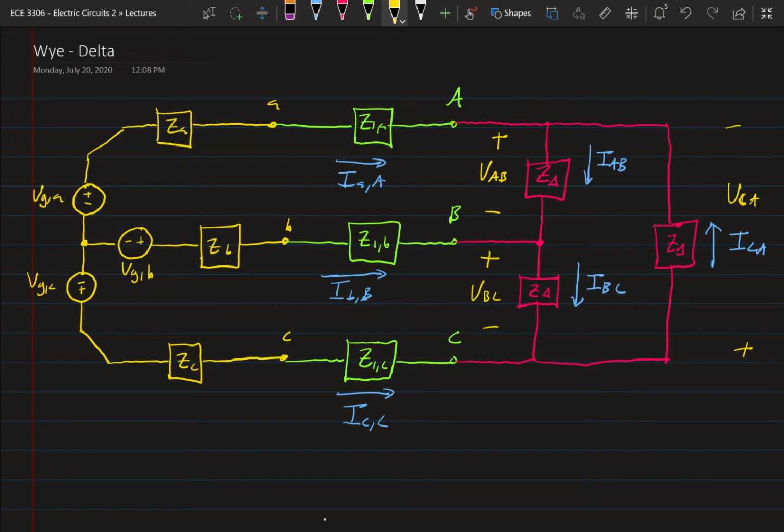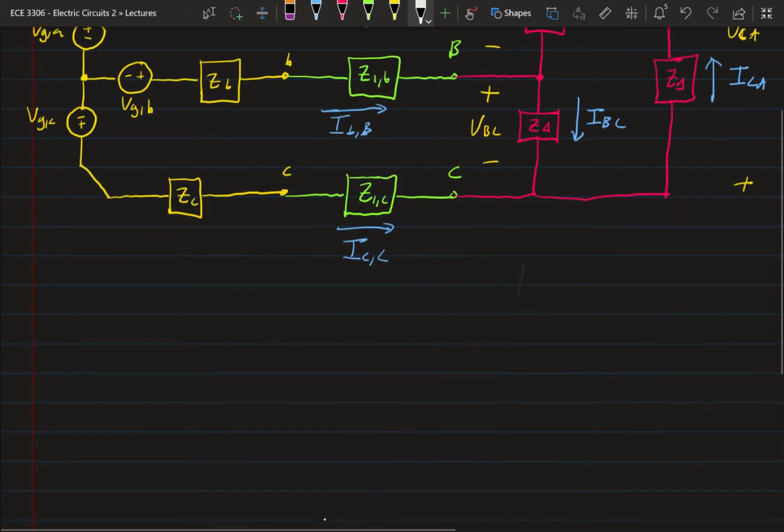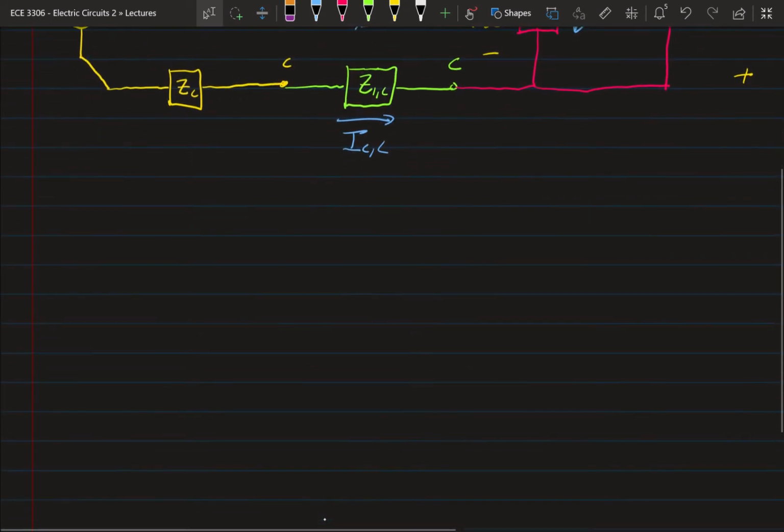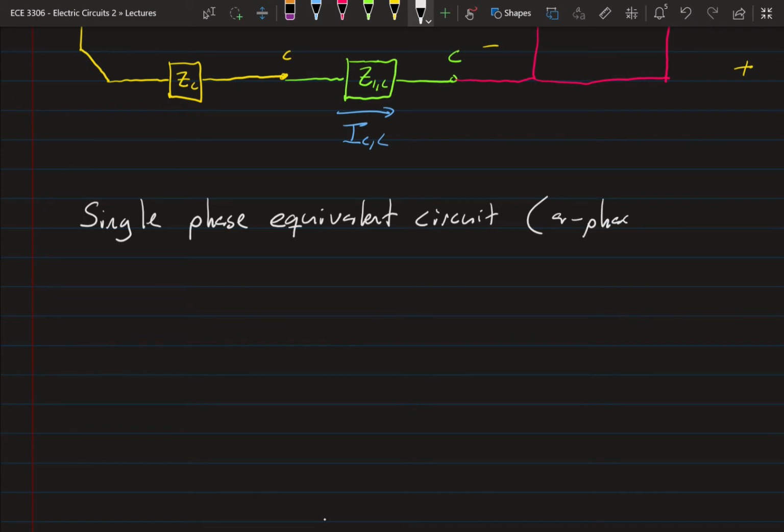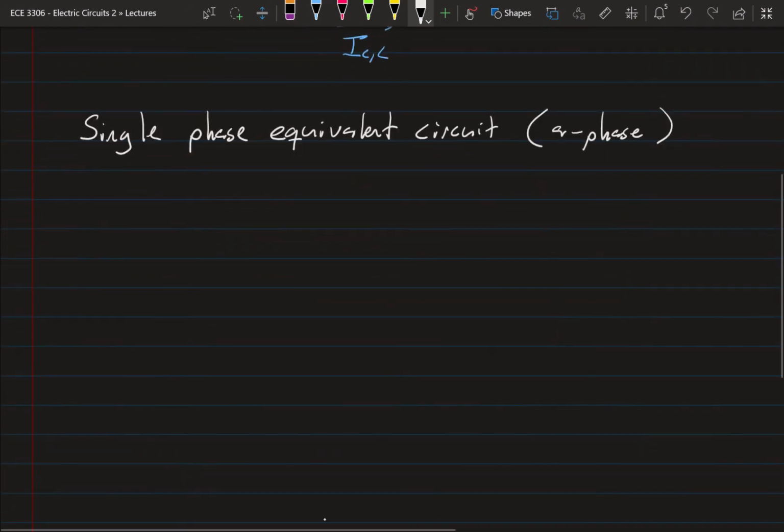Now, we can characterize it in exactly the same way that we did the Y circuit, by creating that single phase equivalent circuit. And just like before, we'll build it off of the A phase, since that's our 0 degree point.